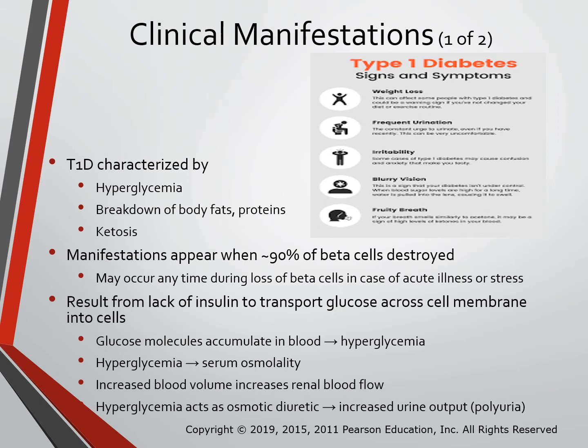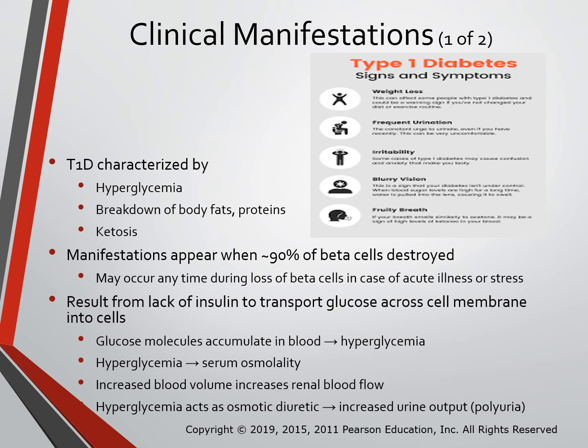Hyperglycemia causes serum hyperosmolality, drawing water from the intracellular spaces into the general circulation. So it's pulling water out of the cells. The increased blood volume increases renal blood flow, and the hyperglycemia acts as an osmotic diuretic.